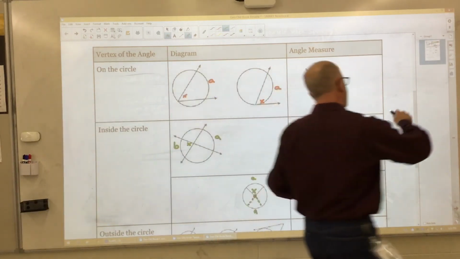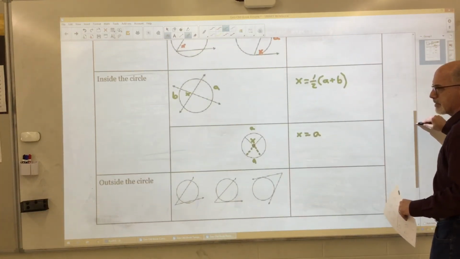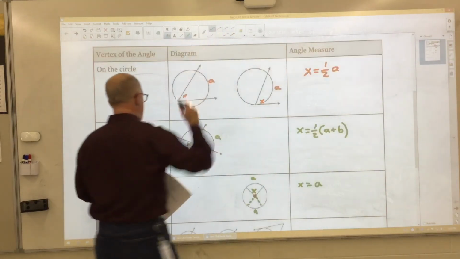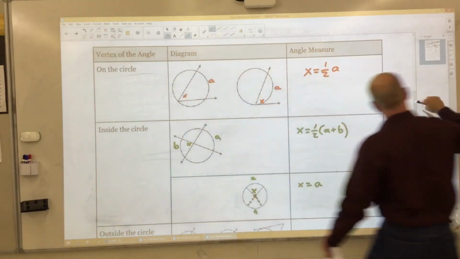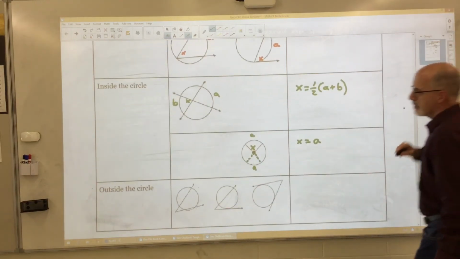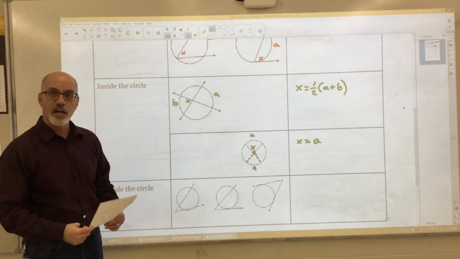All right, let's finalize this by talking about what happens when we're outside the circle. Okay, outside the circle, notice these are diagrams of different ones that we could have.